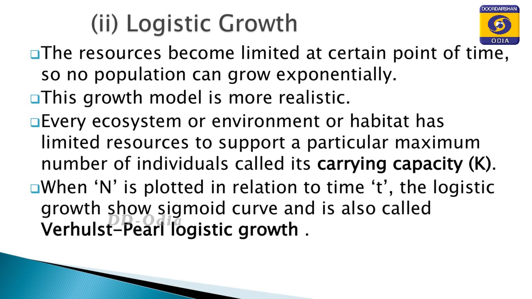Every ecosystem or environment or habitat has limited resources to support a particular maximum number of individuals, called its carrying capacity. When the carrying capacity is exceeded, gradually the growth rate will settle down, and it will never exceed the carrying capacity, and it will rather come down. So, that shows an S-shaped or sigmoid curve rather than a J-shaped curve.